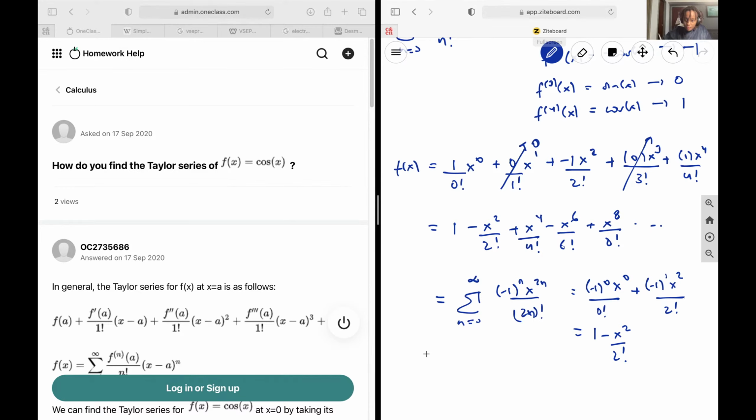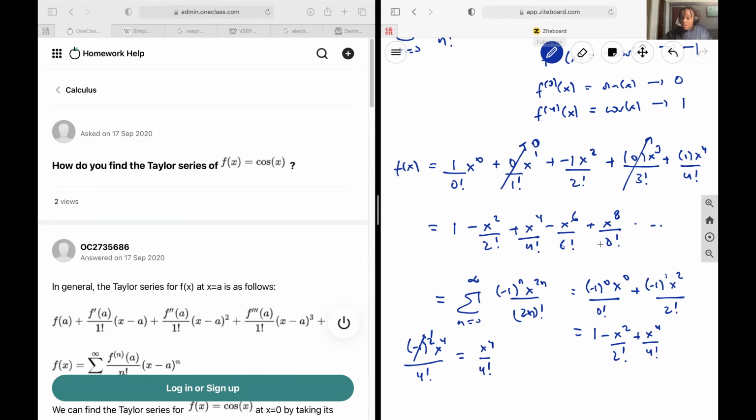So this is n equals 0, n equals 1. Now let's do n equals 2. We'll get negative 1 to the power of 2, x to the power of 2 times 2, which is 4, over 4 factorial. This becomes a positive 1, so this is going to be plus x to the power of 4 over 4 factorial.